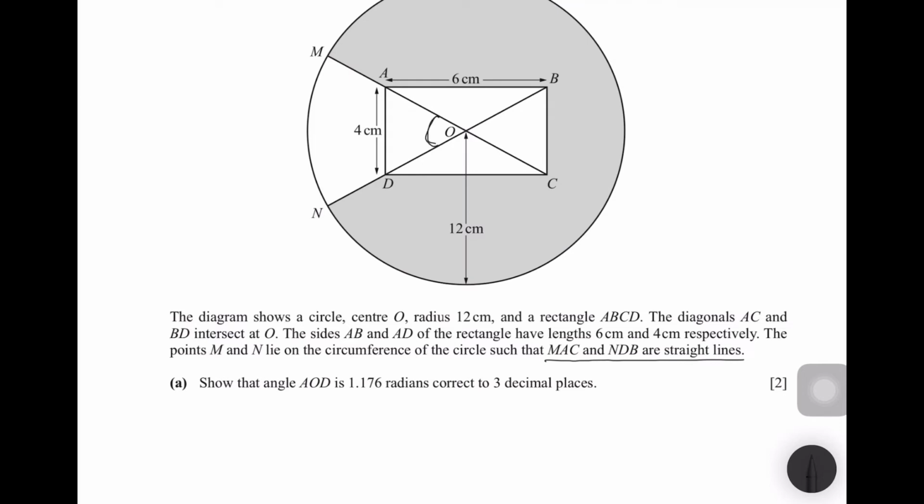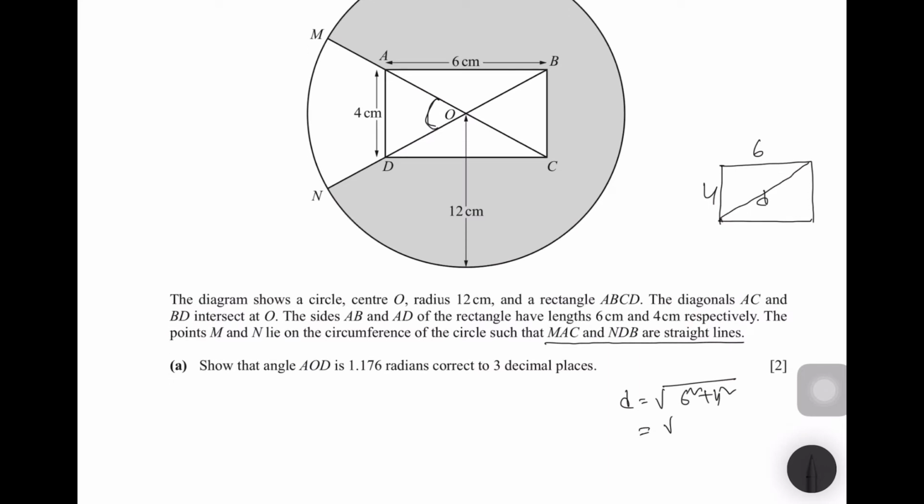So if it is a right angle triangle, this is 6, this is 4. We can easily write down Pythagoras formula for this diagonal. So d square equals 6 square plus 4 square, that means 36 plus 16, so root over 52, 2 root 13. So this half part will be root over 13.